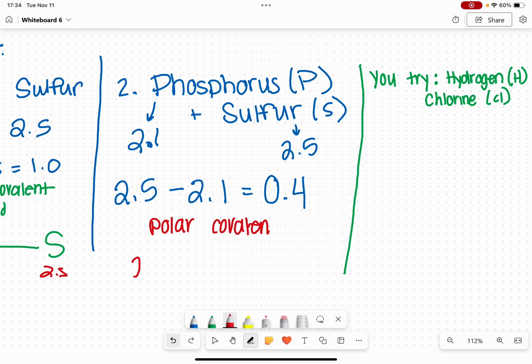So drawing that again, P and S, my electrons are going to be closer to the number that's bigger. In this case, sulfur has a higher value at 2.5 compared to phosphorus that has a value of 2.1. So I'm going to draw my electrons closer to sulfur.